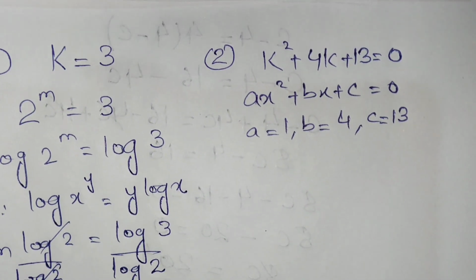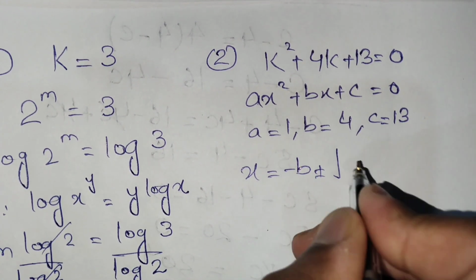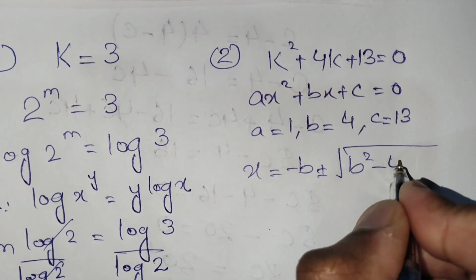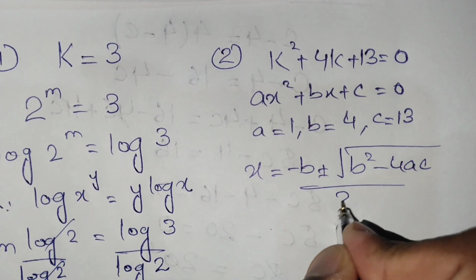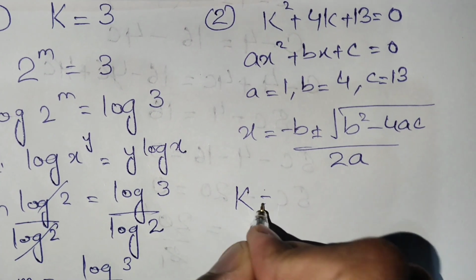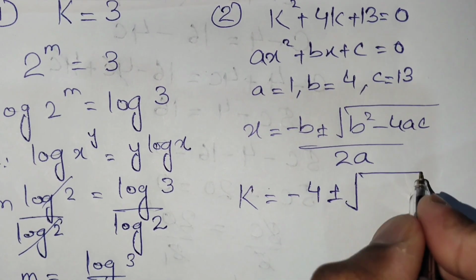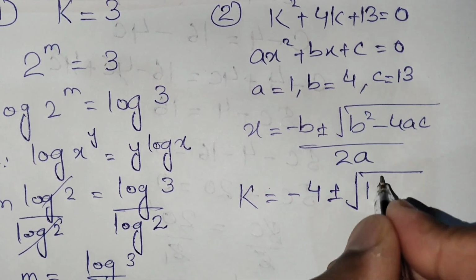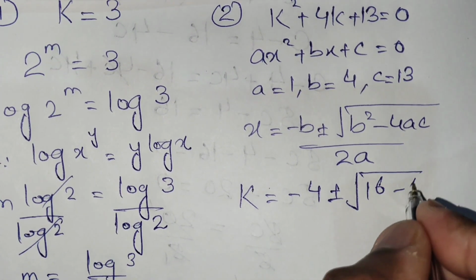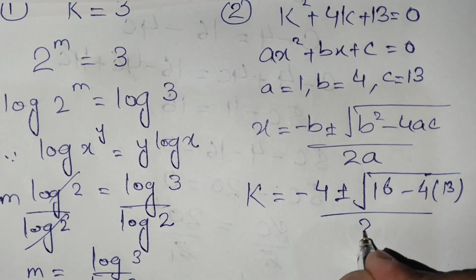We will use the quadratic formula, minus b plus minus square root of b square minus 4ac divided by 2a. By putting the values, we get k equal to minus 4 plus minus square root of 4 square, which is 16, minus 4 into 13, divided by 2a.